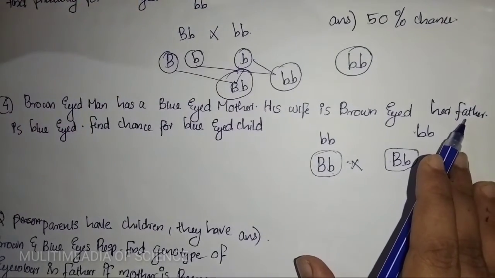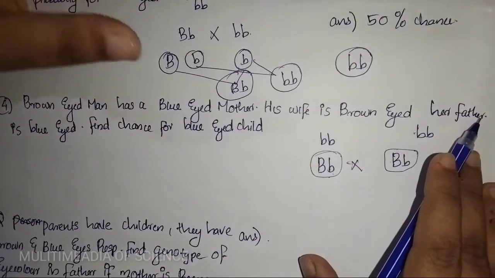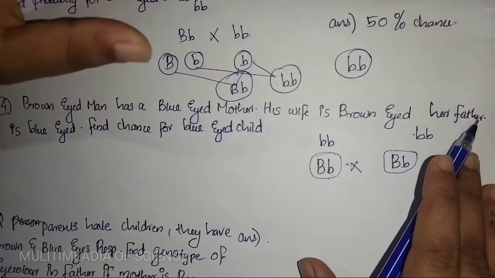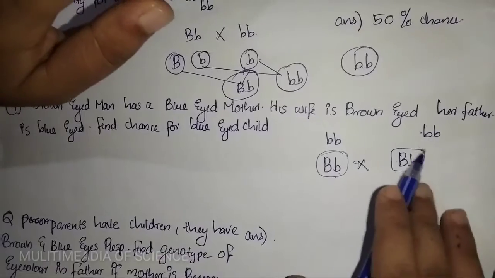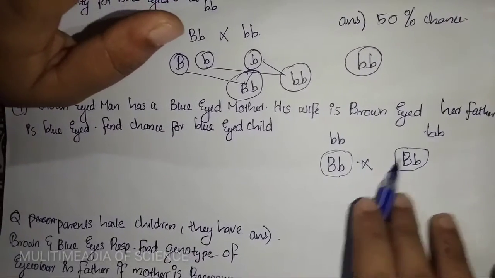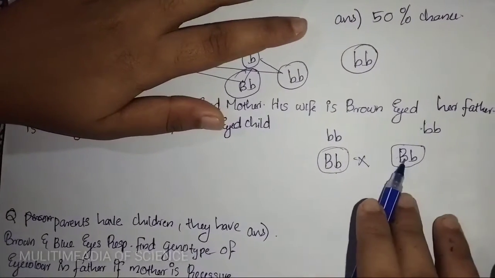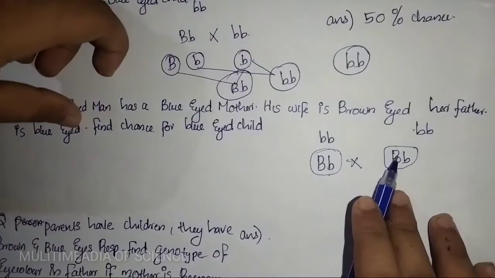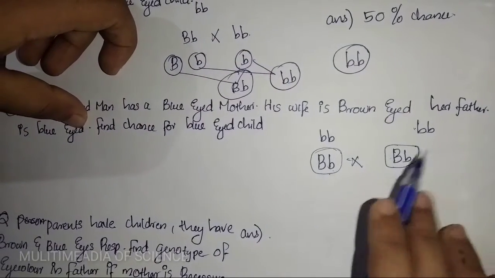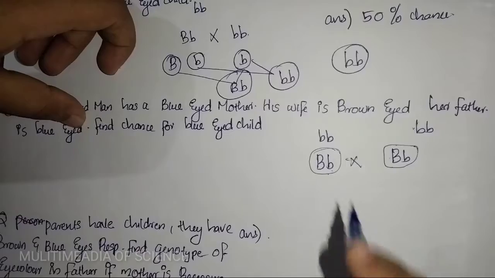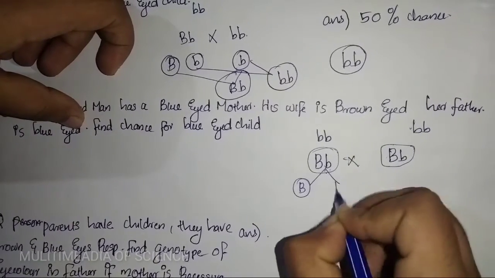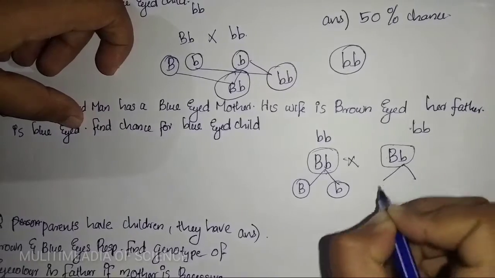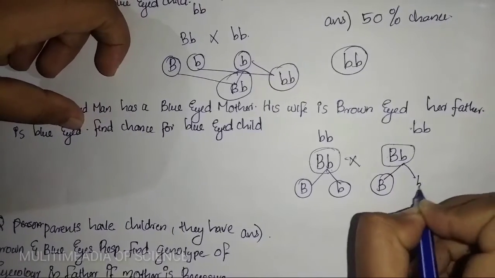Her father is blue-eyed, so there is 100% possibility for the small b gamete in the genotype. Okay, so this capital B, small b is appearing for his wife also. So the two gametes are possible from this, capital B, small b. Here also two gametes, capital B, small b.